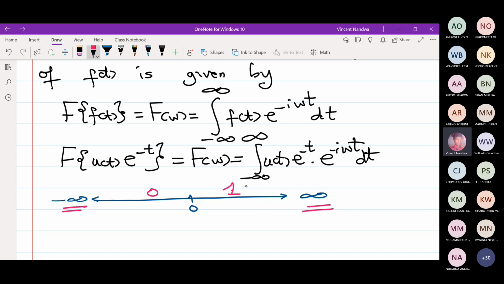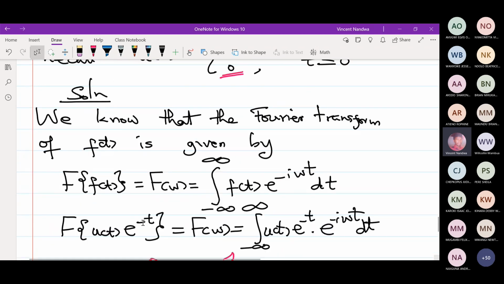So if my f of t is given by u times e raised to power negative t, then I'll have 0 times e raised to power negative t, which is 0, whenever my t value is from minus infinity to 0, because the value of the unit step is 0 in that interval.